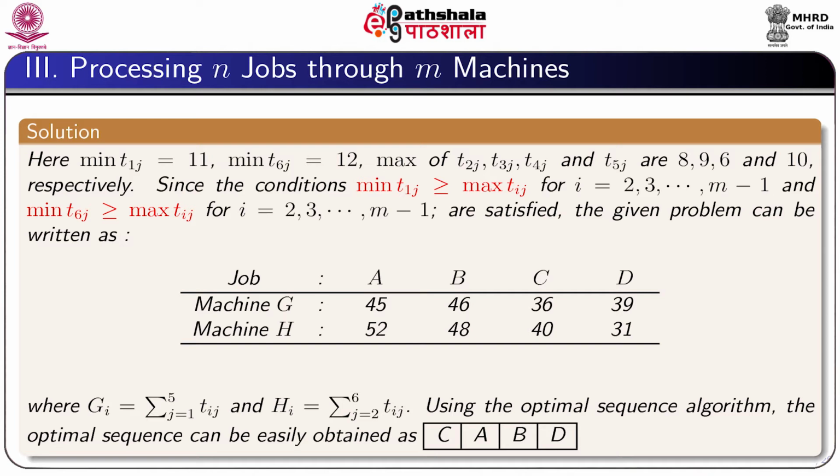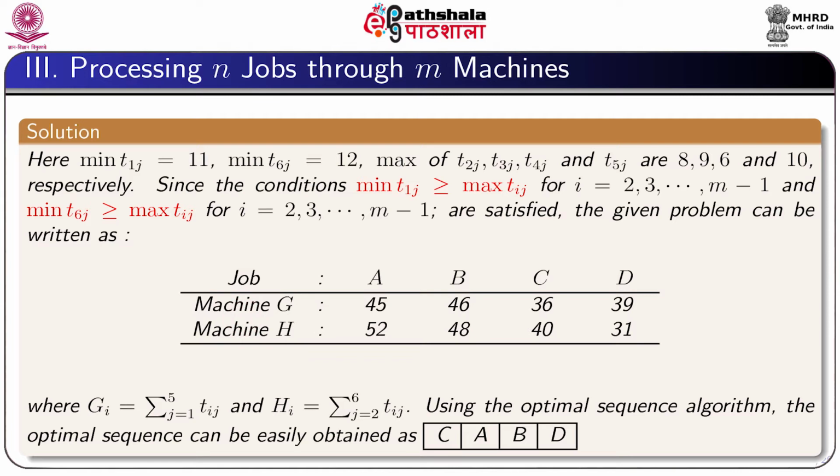Therefore, we can convert the given problem into a problem with 2 fictitious machines G and H, and we have 4 jobs A, B, C and D. The processing times on machines G and H are shown in this table.